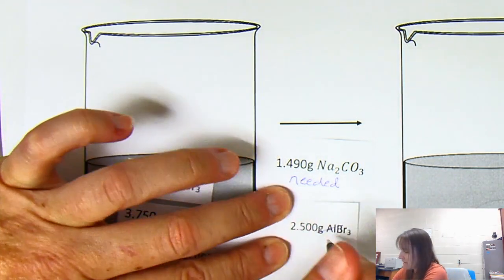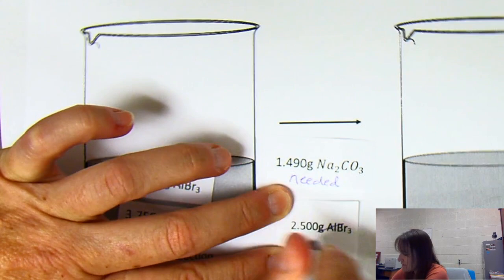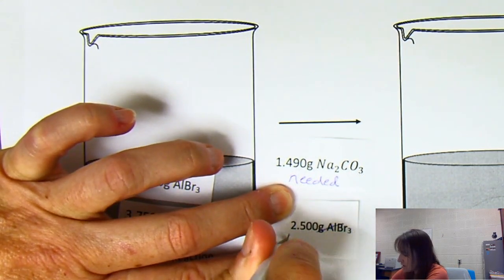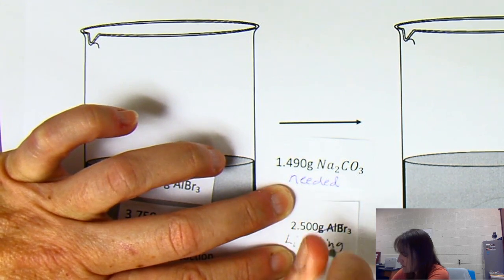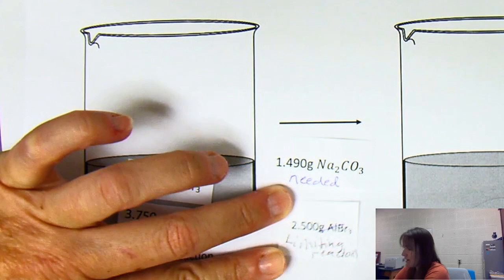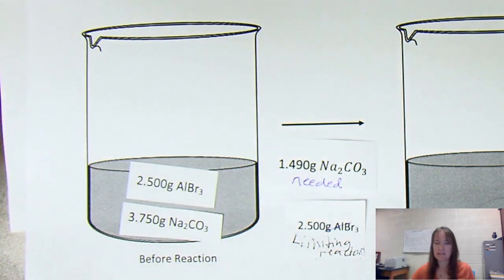So the 2.50 grams, the aluminum bromide, it's what's called the limiting reactant. And the limiting reactant gets all used up. So at the end, I'm not going to have any aluminum bromide left.